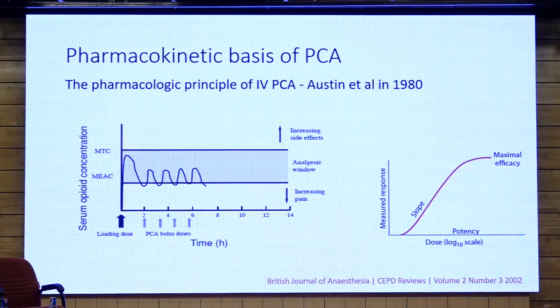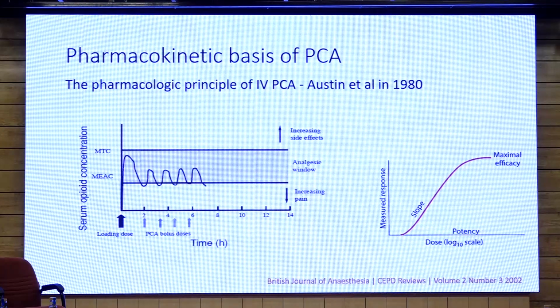Whenever you give a loading dose of drug, it brings up the serum concentrations to the analgesic window, and every time the serum concentration drops, the patient takes a PCA bolus, and the drug concentration reaches back to the analgesic window.